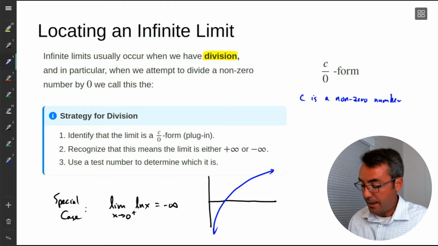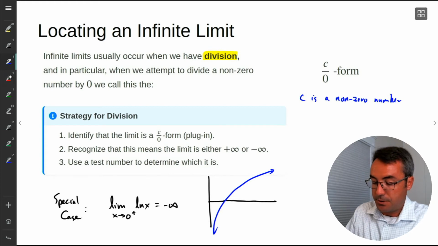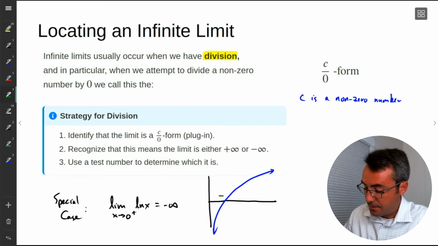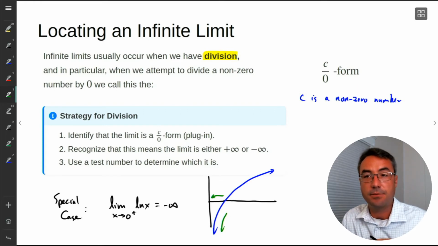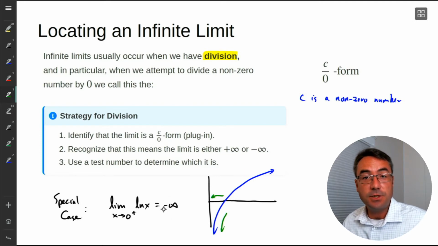And so we see that as we get closer and closer to 0 from the right, the height of our function is getting larger and larger negative. And so that's what this limit notation is saying. As our inputs get closer to 0 from the right, the actual function values get larger and larger negative. The height of our curve gets larger and larger negative.